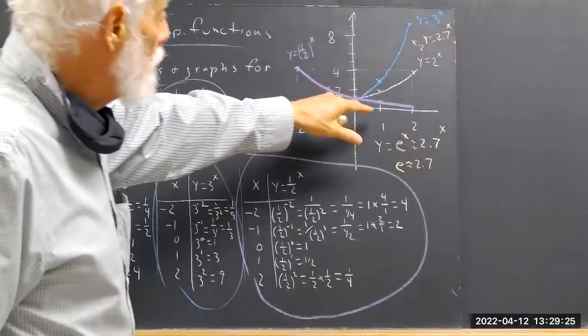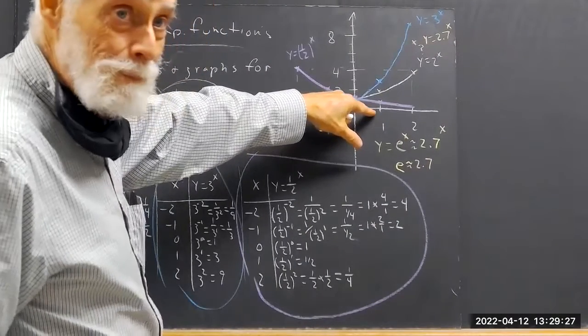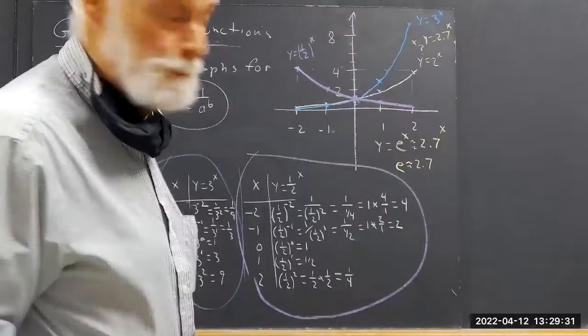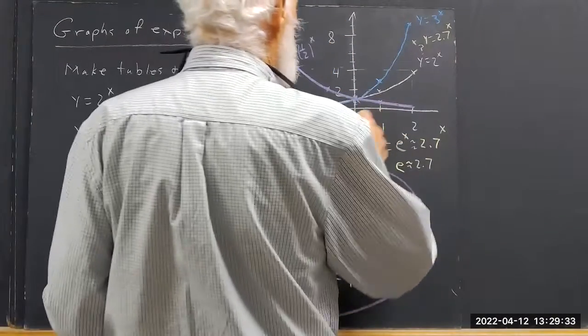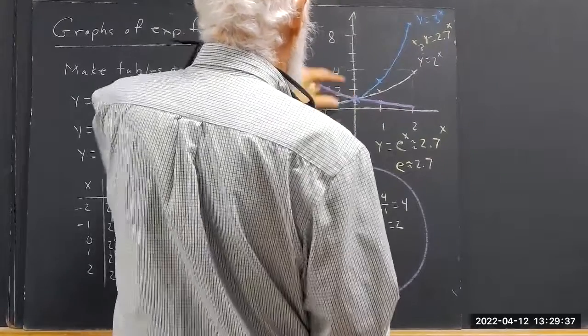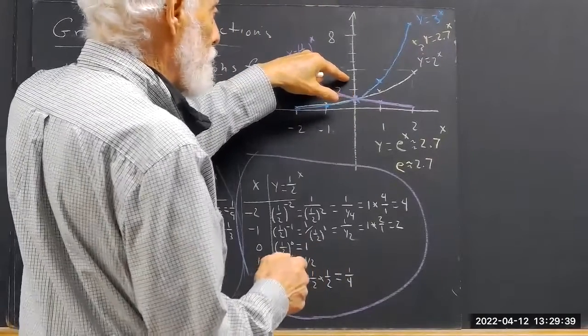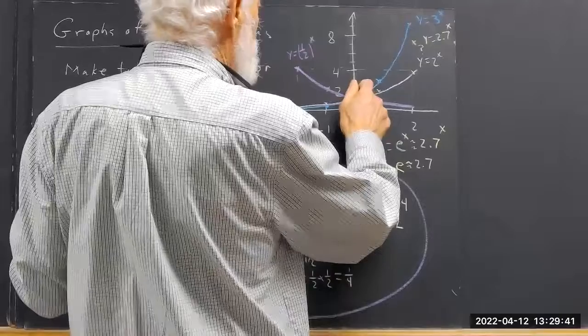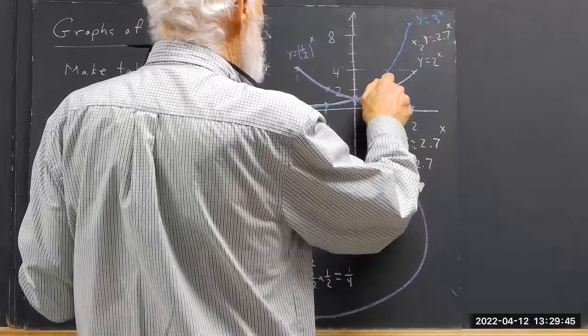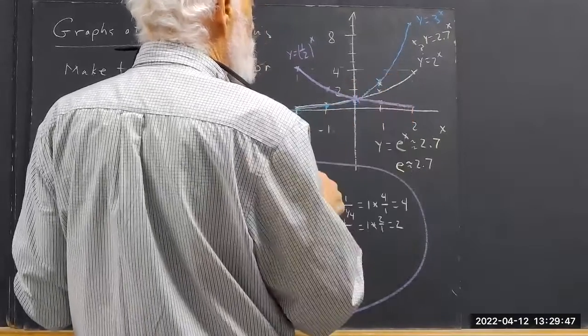Now, of course, when x equals 1, we're going to get just e, which is about 2.7. So, well, here's 2, and here's 3. So where's 2.7? Well, 2.7 would be about here, right? So we know what that point is.